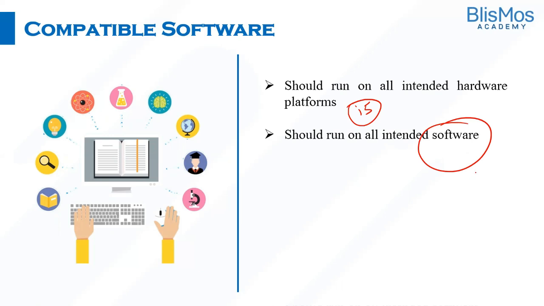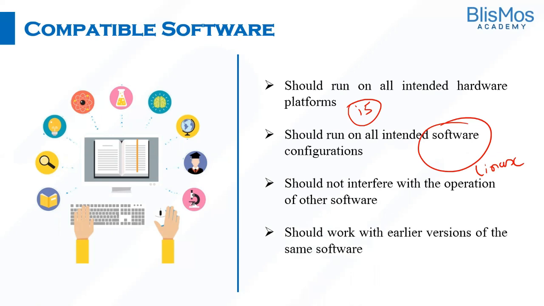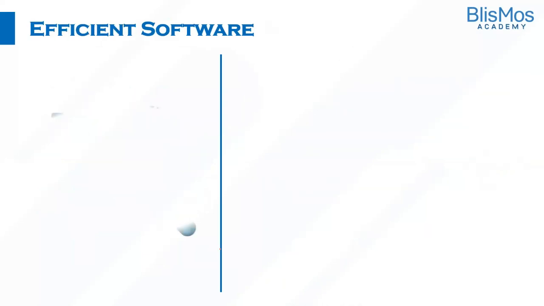And we say it should work in Linux. Yes, it should work in Linux. And it should not interfere with the operation of other software. While developing the software, you indicate that this particular software can work with one or two previous versions. If we are claiming that, the company should allow their software to work with the earlier versions of the same software.